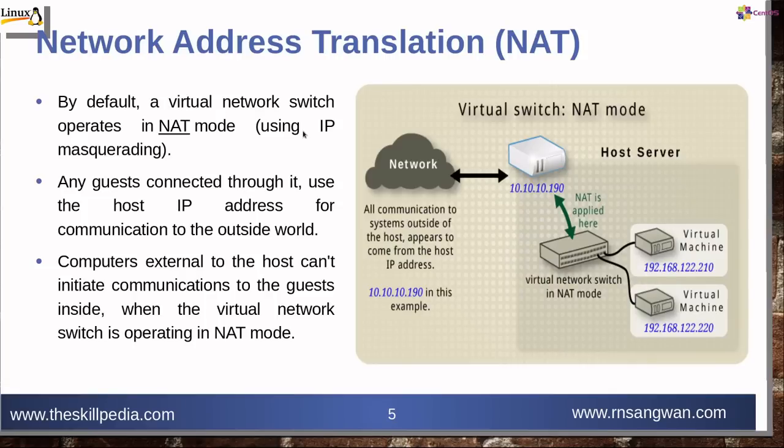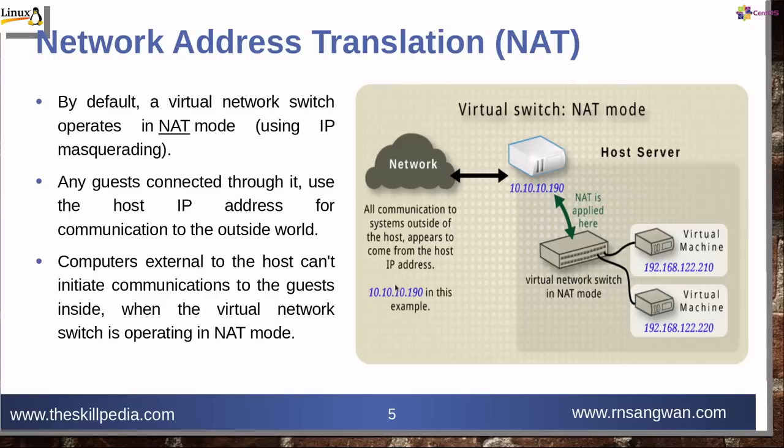By default, the virtual switch operates in NAT mode, which stands for network address translation, using IP masquerading. What does it mean? It means the virtual machines which are plugged into the network switch, whatever IP address these machines have, their IP address will be translated and will not be visible to the outside world.